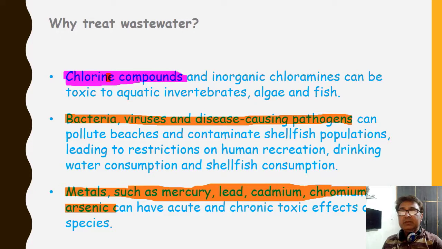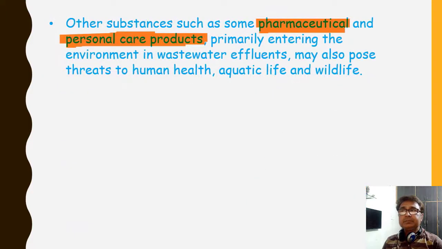Metals such as mercury, lead, cadmium, chromium, and arsenic can have acute and chronic toxic effects on species. Other substances such as pharmaceutical and personal care products, primarily entering the environment in wastewater effluents, may also pose a threat to human health, aquatic life, and wildlife.